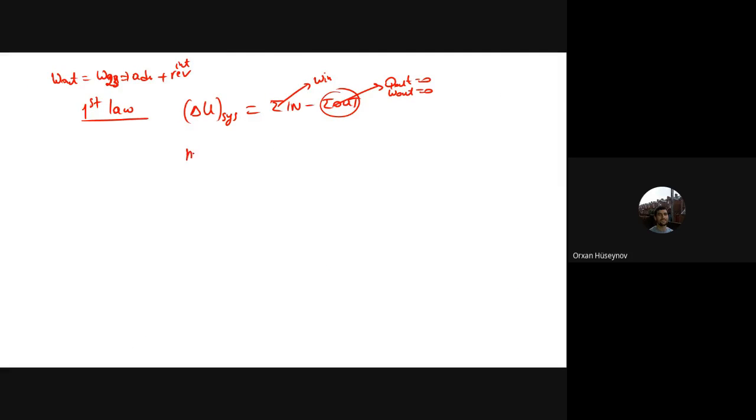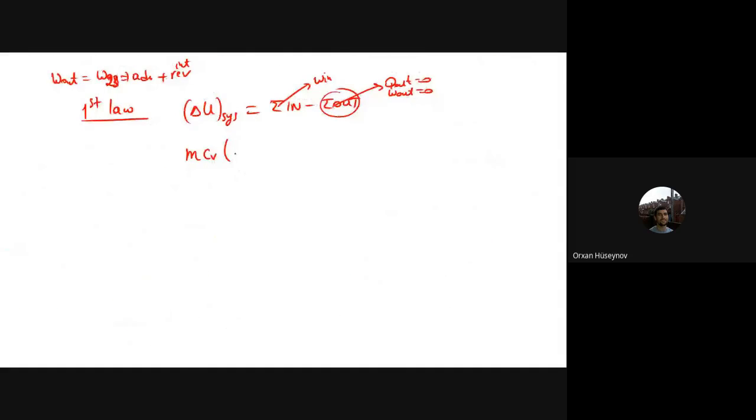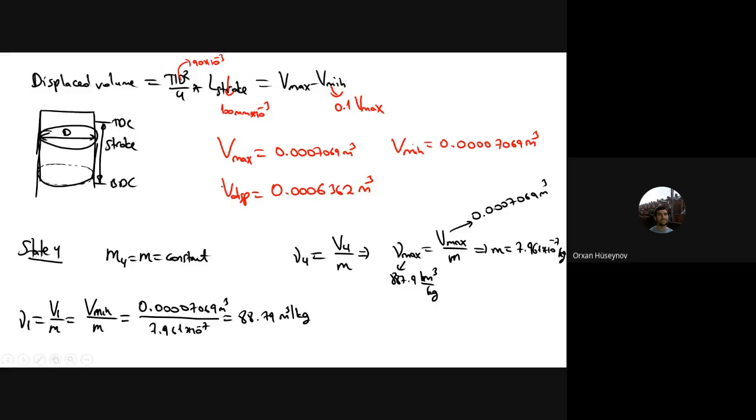Instead of delta U, I will write m times Cv times the temperature at 3 minus the temperature at 2, which gives the work. And the m value, we have found it.